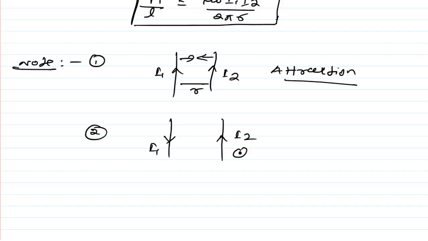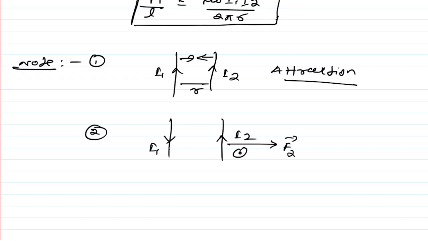So I l cross B, so it will be acting in this particular direction. Earlier it was left, now it will be acting in the right direction. This is force on 2.